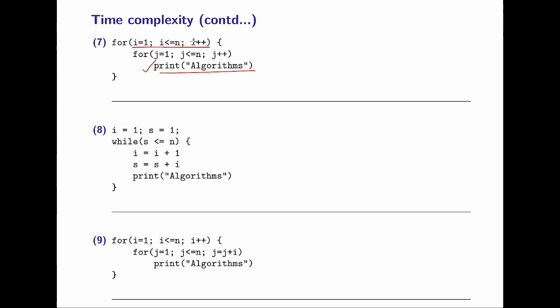You can directly count because it is going to change linearly, i equal to 1, then 2, then 3, like that it will go. But when the increment or decrement is not linear, then you need to focus more to find out the pattern, right? So here in this case, it is very simple that this loop is going to run from i equal to 1 to n. So total it is going to run for n times, right?